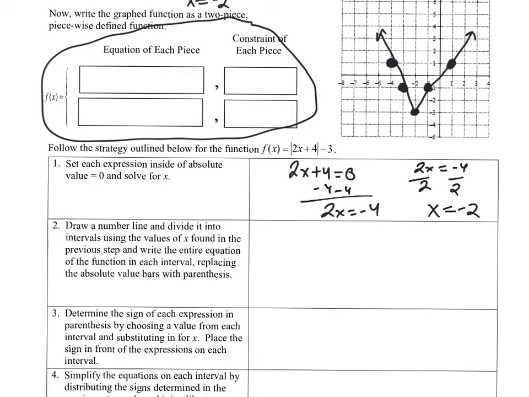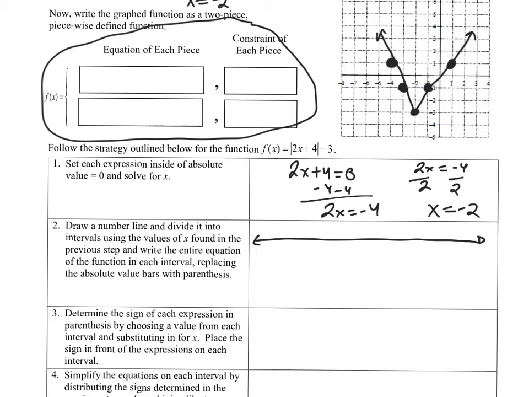And then it asks us to draw a number line. Draw a number line and divide it into intervals using the values of x found in the previous step, and write the entire equation of the function in each interval, replacing the absolute value bars with parentheses, okay?